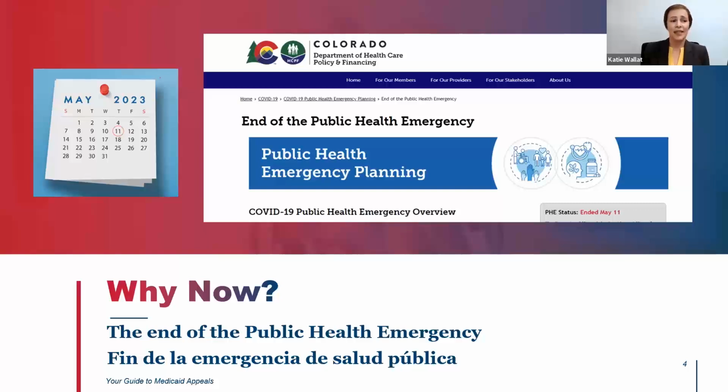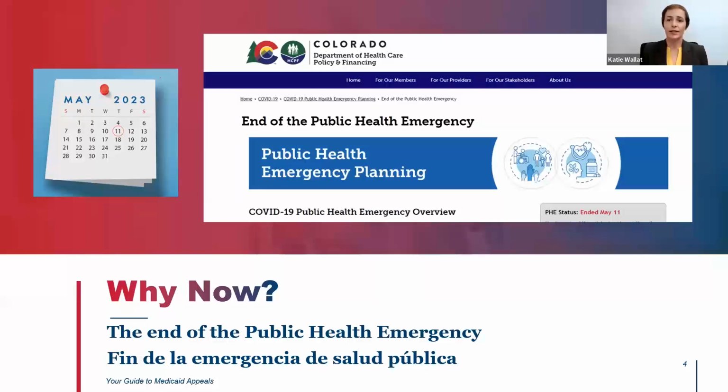So that meant that Medicaid benefits were continued whether or not that particular individual remained eligible for Medicaid. But as we know, on May 11th, the Biden administration declared an end to that public health emergency. So now all states, including Colorado, will begin what they're calling the unwind process. So they'll be going through to determine who is still eligible for Medicaid and who's no longer eligible.